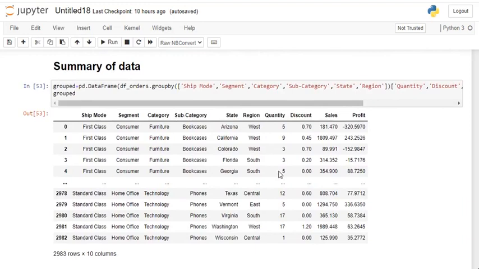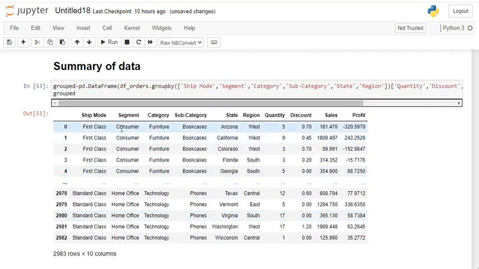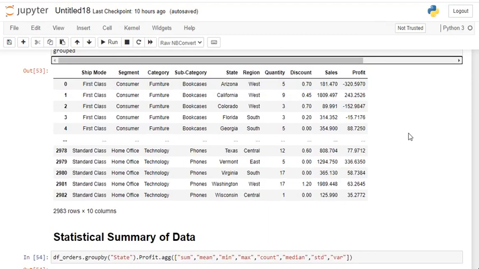Summary of the data. Finally, we have taken certain columns, and here there are 10 columns and 2983 rows.